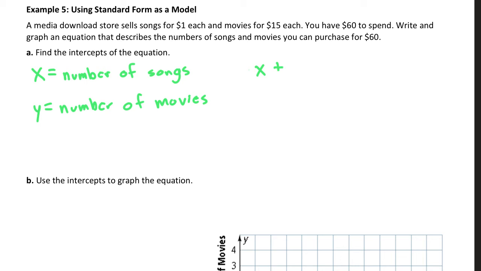So the amount of money I spend on movies is represented by $15 per movie times y movies. So this expression represents the money I spend on movies and songs. So if I spend $60, this total is equal to 60. So this is my equation. I'll write that a little bit better.